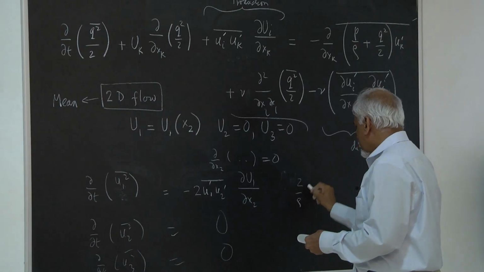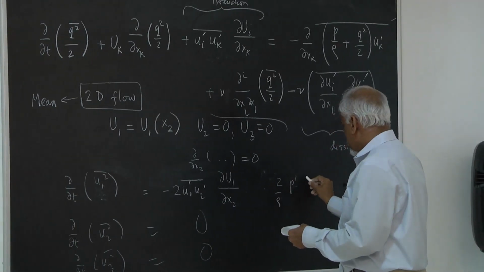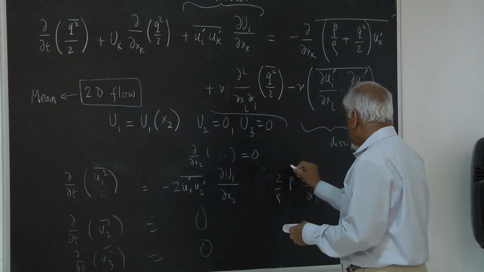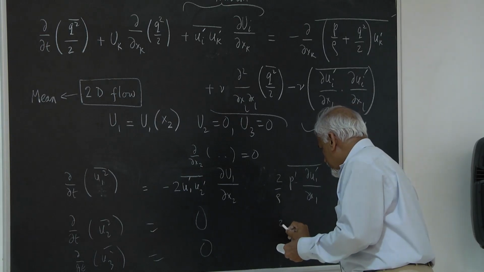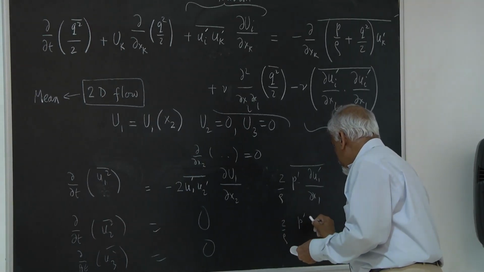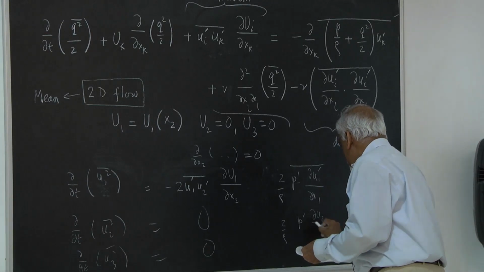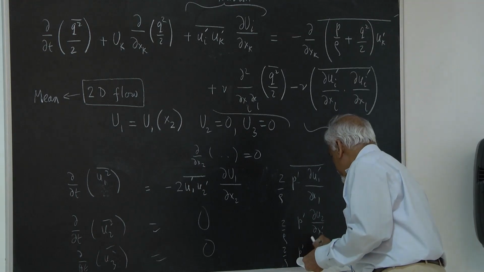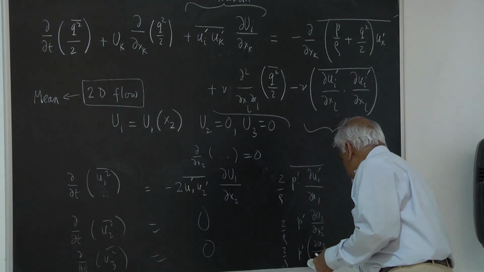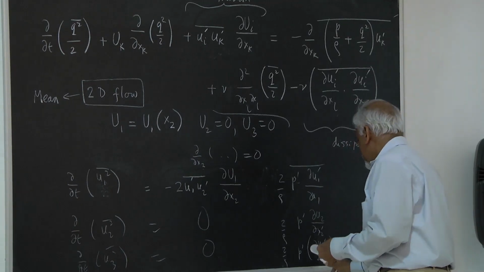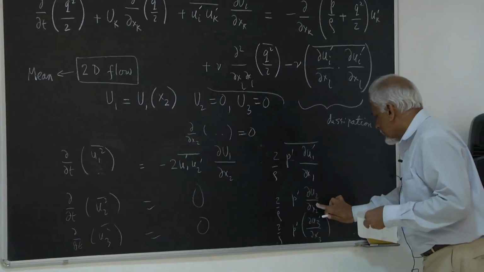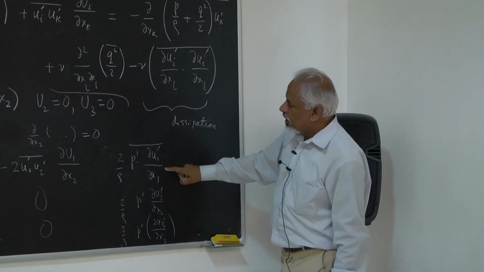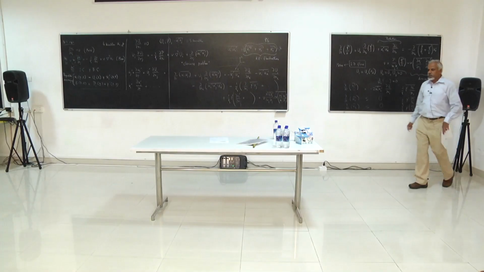The pressure term in the first equation will be p prime du1 prime over dx1. And I would have here 2 by rho p prime du2 prime over dx2, and 2 by rho p prime du3 prime over dx3. Okay? So somehow these terms have to have an interchange of energy.